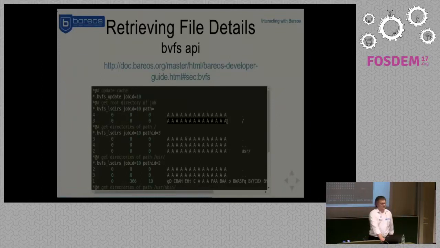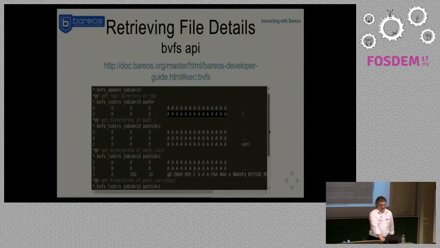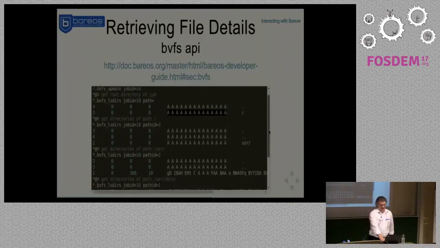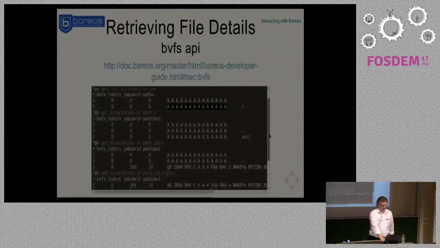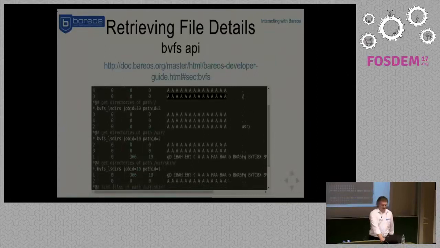This is done in this way and stored in this way to be more flexible about the database, about different clients, but it's not really handleable. But okay, you know that your / directory is at path ID 3. You get the directories of path ID 3.